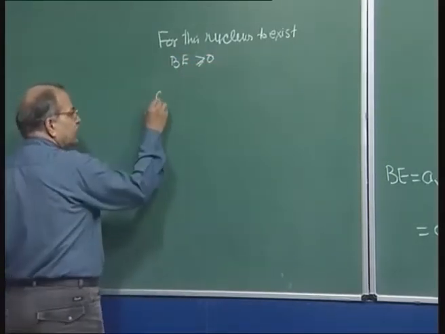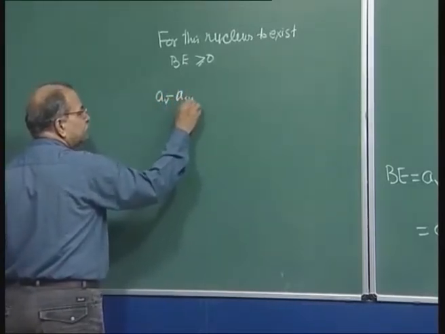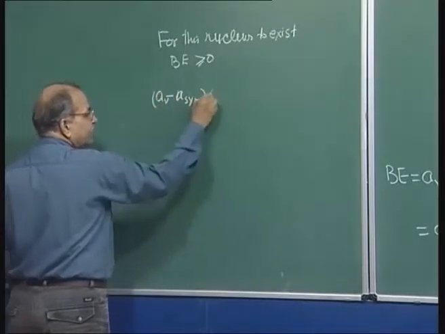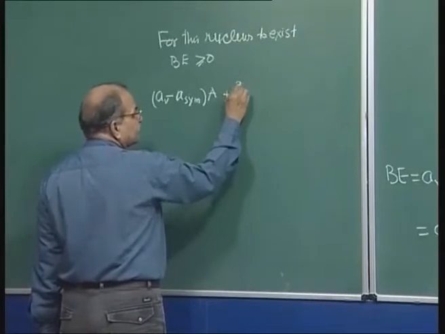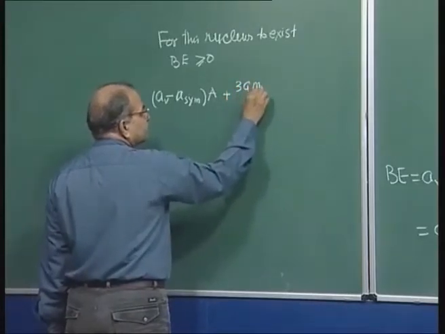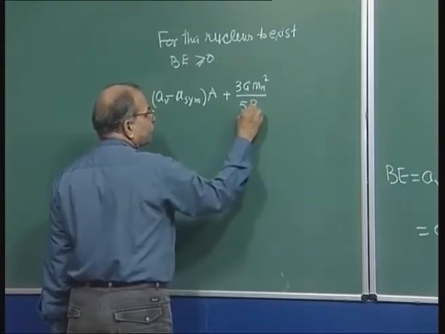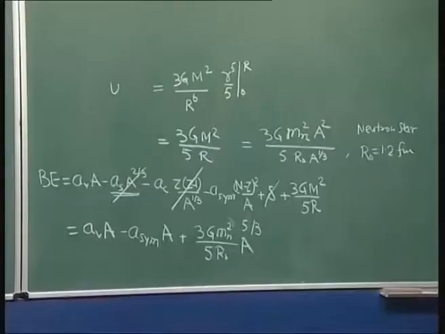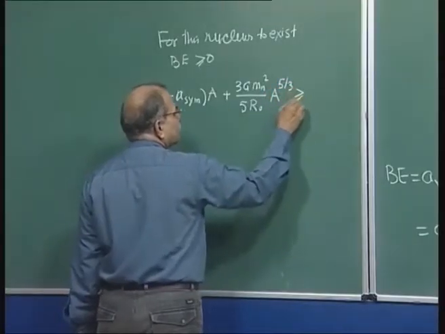So, that means A_V capital A minus A_sym capital A plus 3 G m_n square by 5 r naught A to the power 5 by 3, this should be greater than or equal to 0.